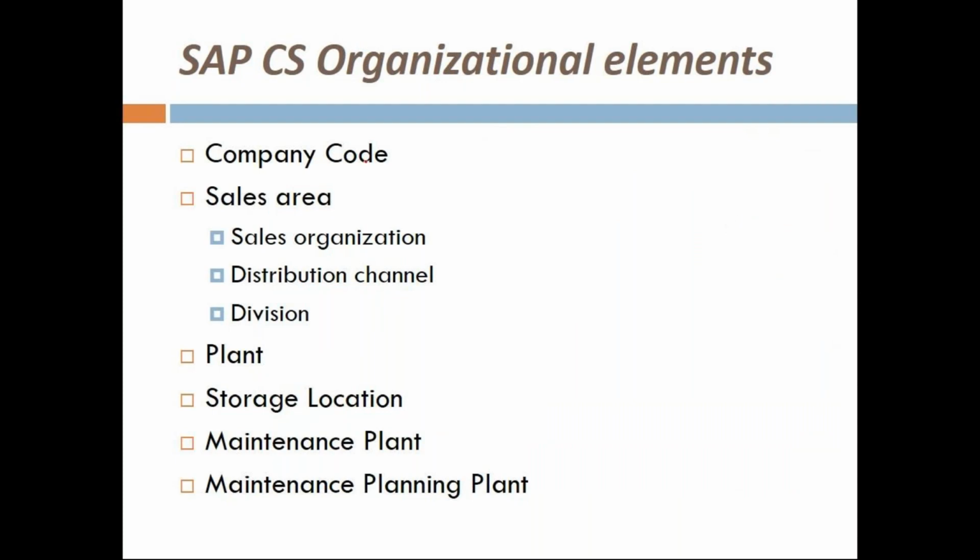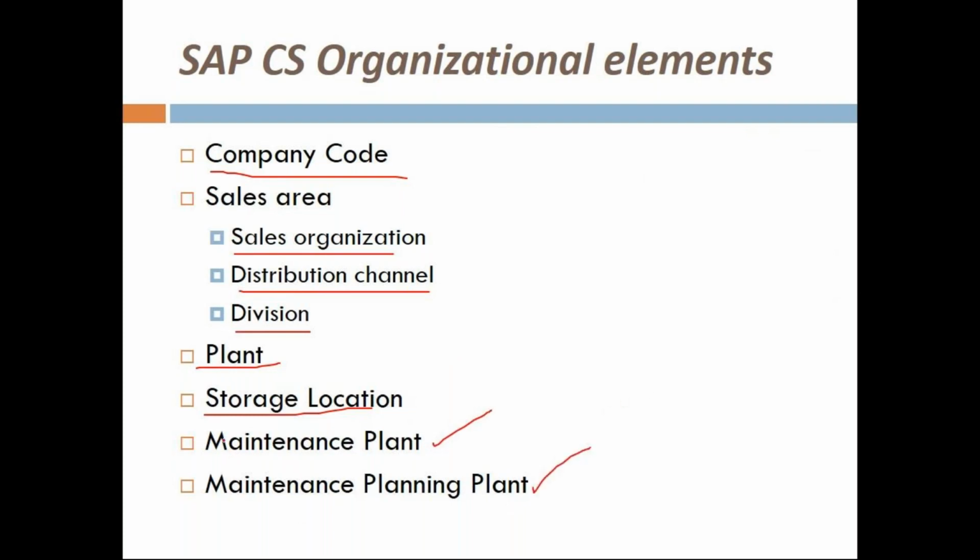For enterprise structure, I believe as an SD consultant, you might already know sales organization, distribution channel, division, company code, plant, and storage location. Only from the CS perspective, you should know maintenance plant and maintenance planning plant.